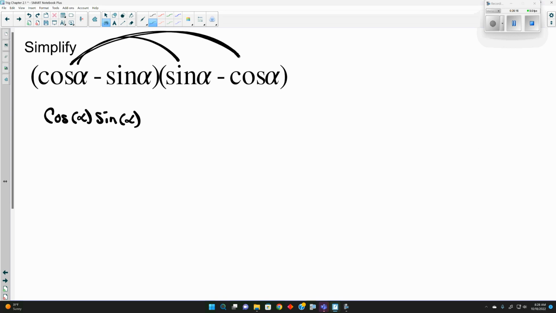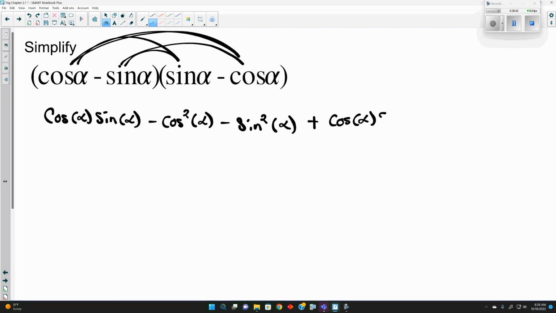Cosine of alpha times negative cosine of alpha is negative cosine squared of alpha. Negative sine of alpha times sine of alpha is negative sine squared of alpha. Oh, that's so close. And sine of alpha times negative cosine of alpha is going to be plus cosine of alpha sine of alpha.